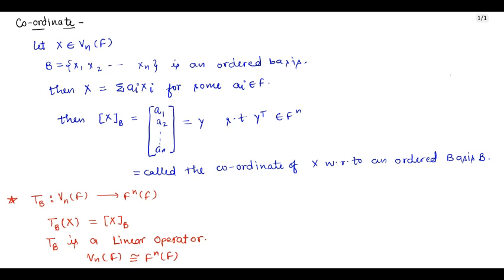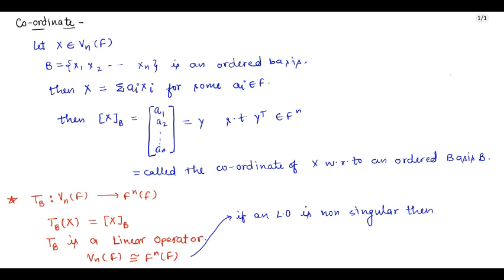If this linear operator is non-singular, then T_B is an isomorphism.